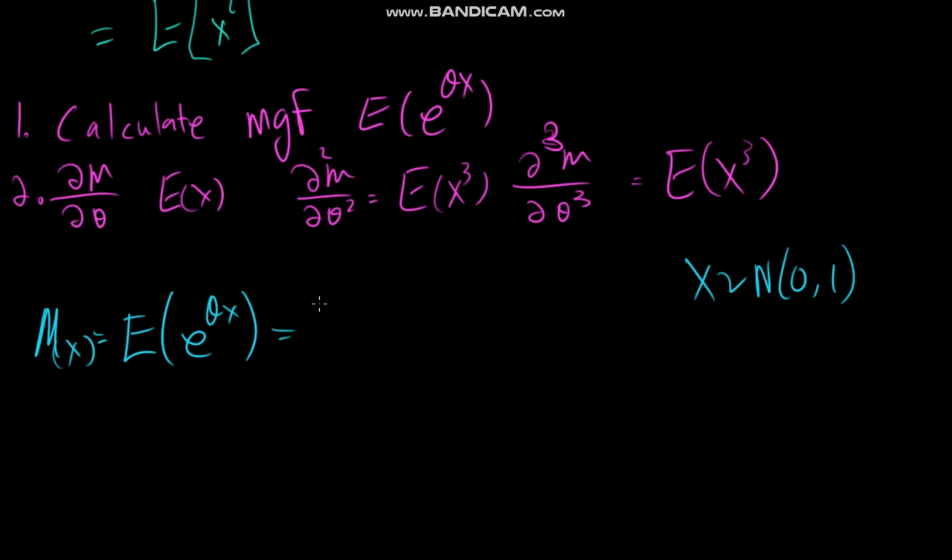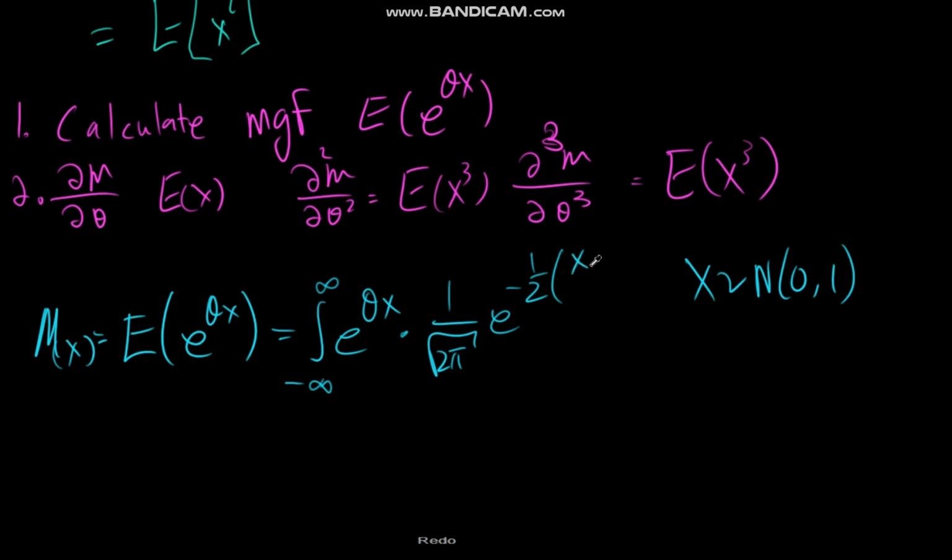So this expectation, because x is normally distributed, is the integral from minus infinity to infinity of e to the theta x times the density function 1 over the square root of 2 pi times e to the minus 1/2 times x squared dx.